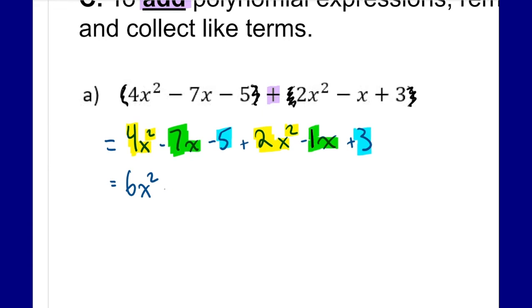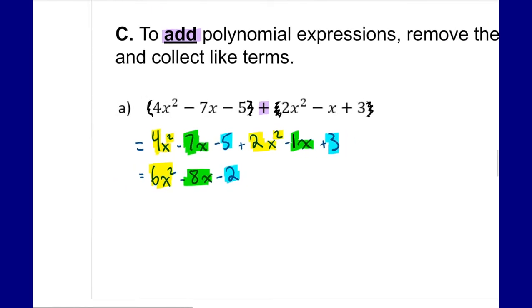Negative 7 minus 1, we're at negative 8x. Our two constants, negative 5 plus 3, just adding integers, we're at negative 2. So again, we've collected our like terms. Now we've simplified our expression, or we've added the two polynomials together.